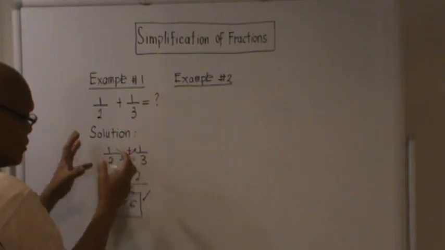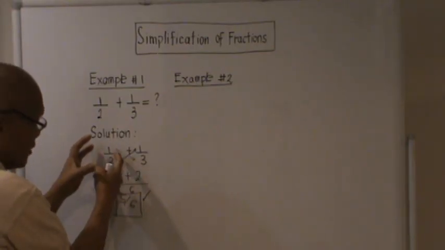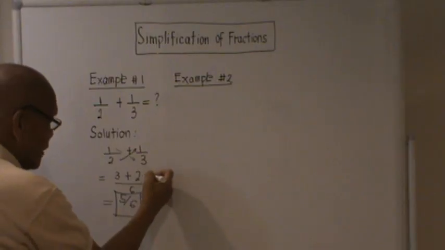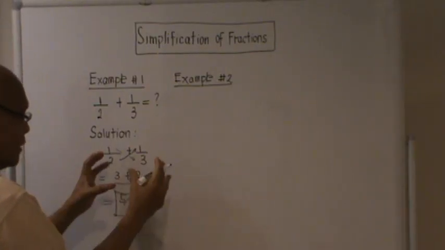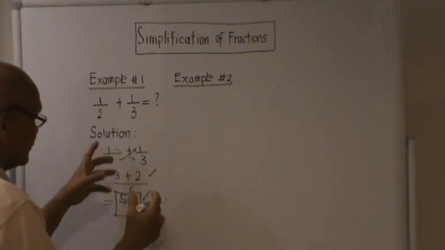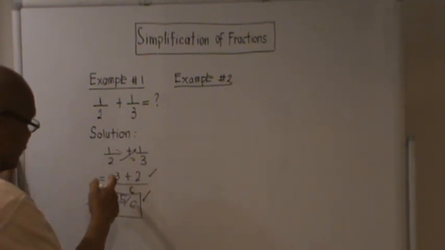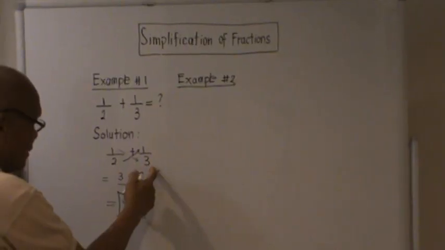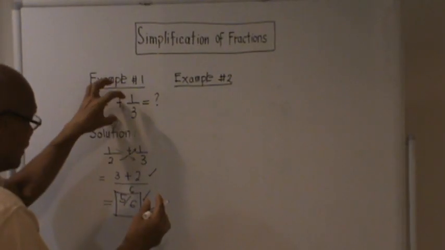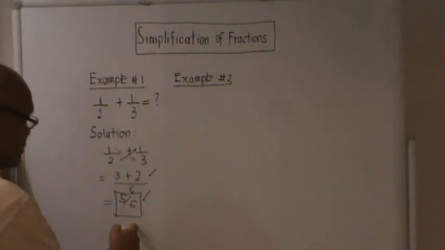That's the so-called crisscross thing. We crisscross this one, we multiply it, when we add it, and that will be the complete numerator. And the resulting denominator, common to both the first fraction and second fraction, will be the product of 2 times 3. And that will be 6. So the simplification of this will be 5/6.